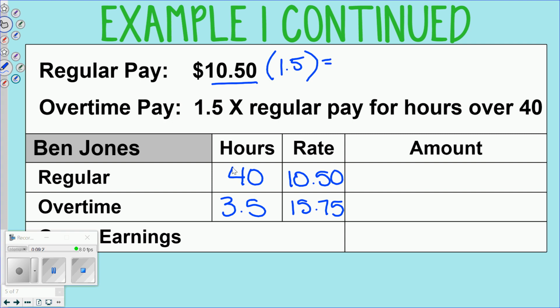All right, and we just got to finish filling out the table. So for regular, 40 hours at $10.50 an hour. How much does he make in regular? Good, $420. All right, for overtime, 3.5 hours at 15.75.